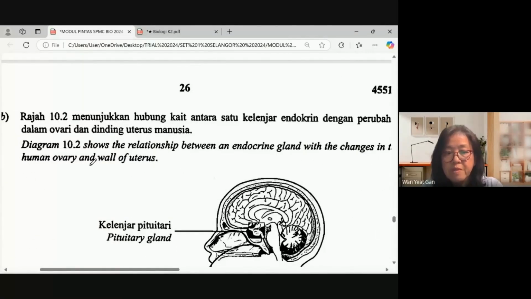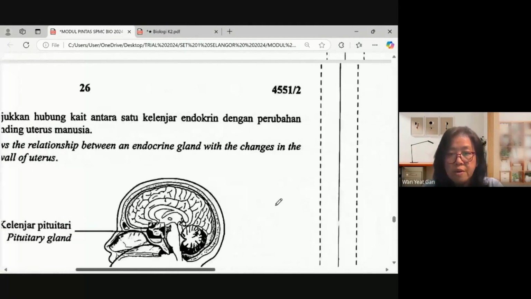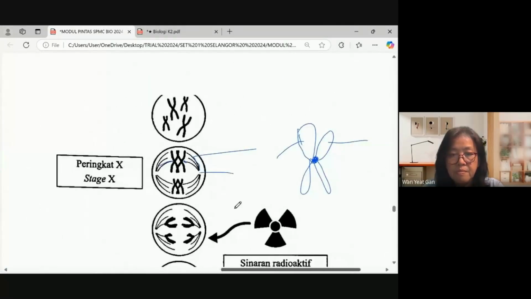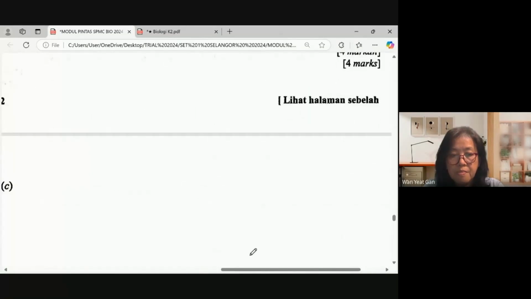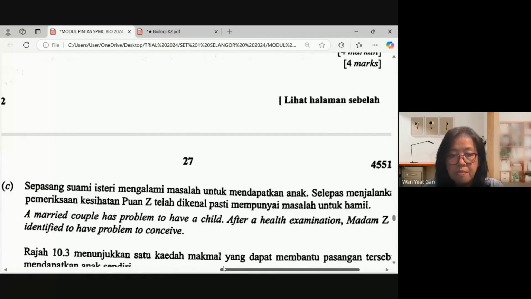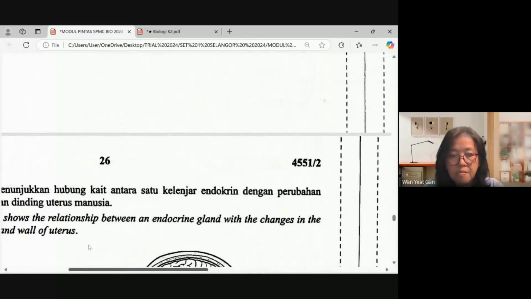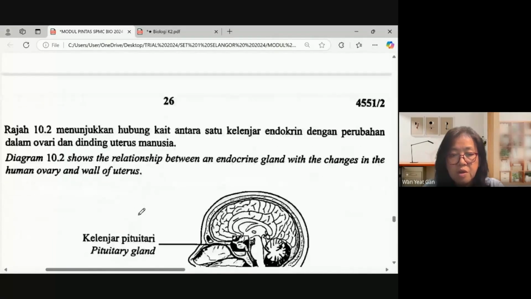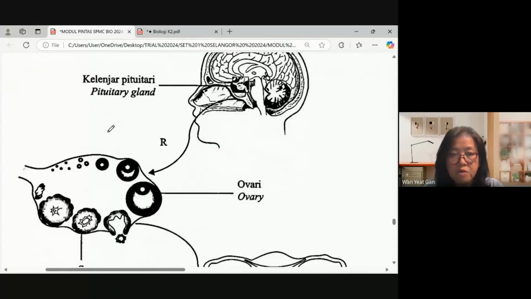Diagram 10.2 shows the relationship between endocrine gland with the changes in the human ovary and the wall of uterus.